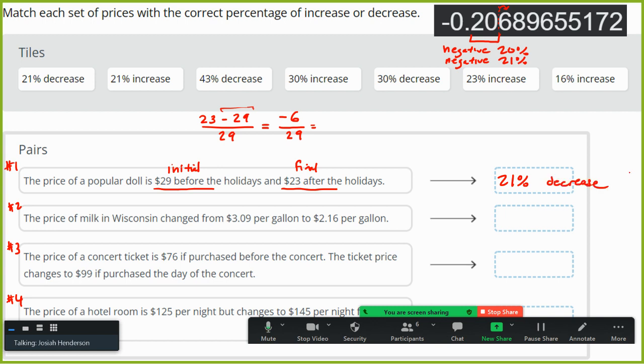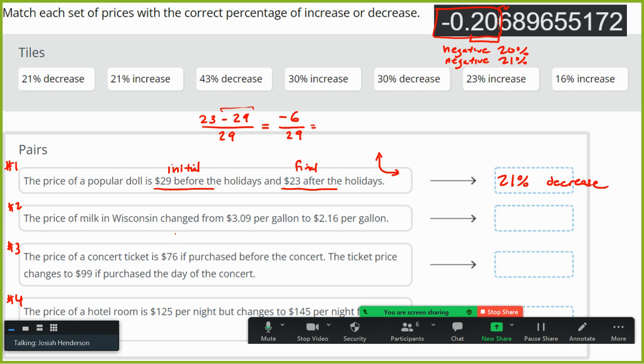Remember, we're either dealing with a growth function where it's getting bigger or a decay function where it's decreasing and getting smaller. And if we look at the story again, it's $29 before Christmas, $23 after Christmas. It went down in price, so we know it's a decrease. And another clue is if you get a negative like we did in this first answer.